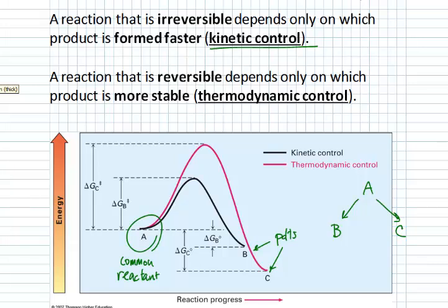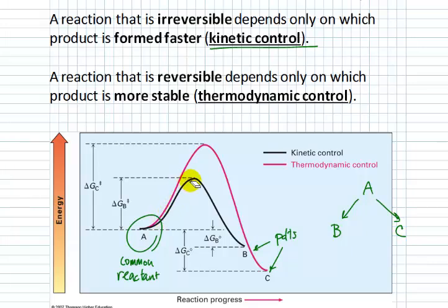The temperature of a reaction is directly related to the amount of kinetic energy that these molecules have. And remember, only those molecules with enough kinetic energy to traverse this activation energy barrier will be able to react. So if I cool the reaction, then very few molecules will be able to get any further over than this point right here.